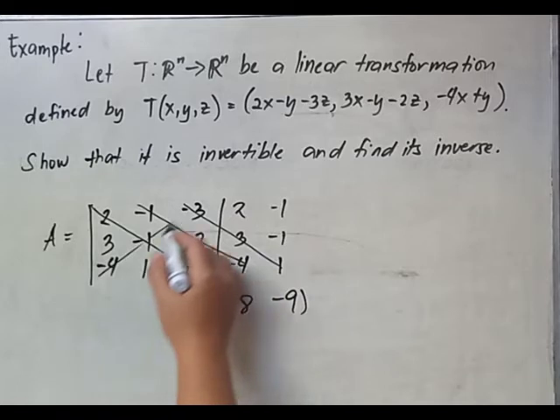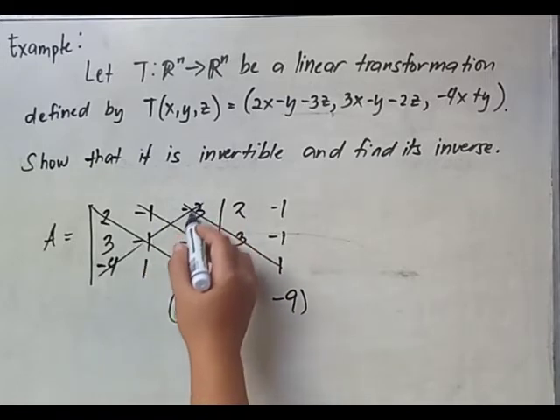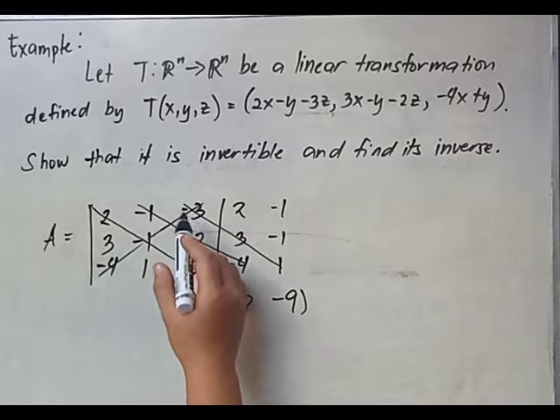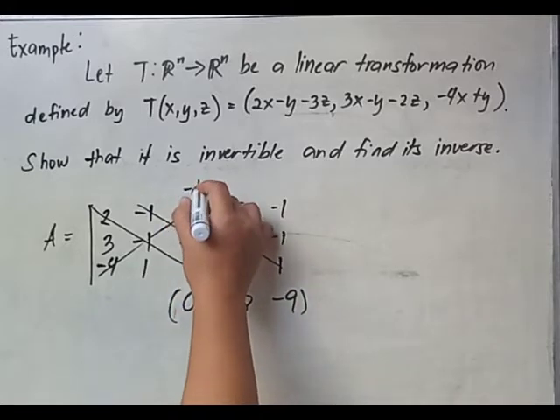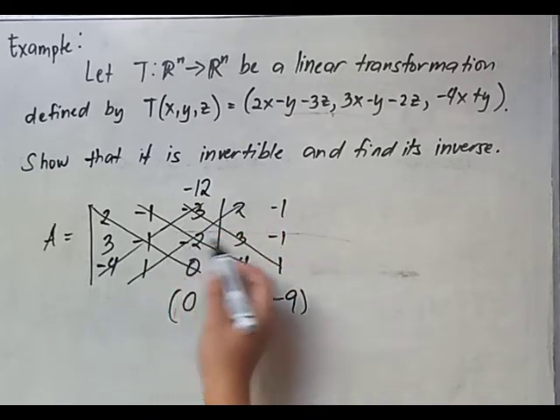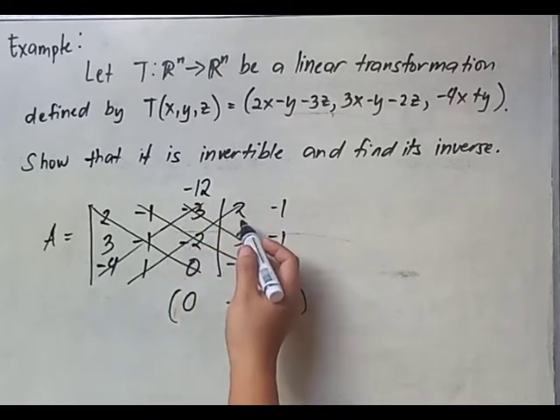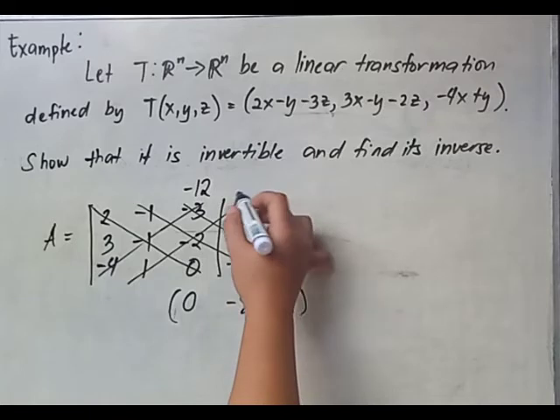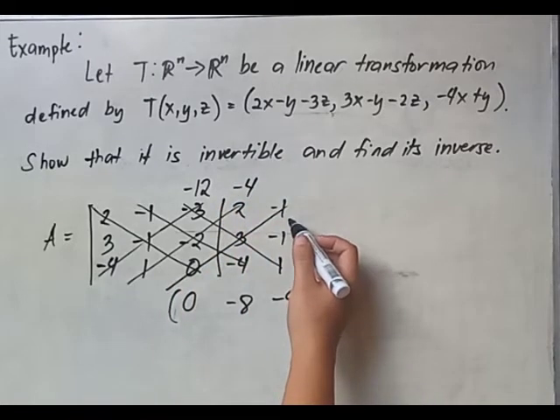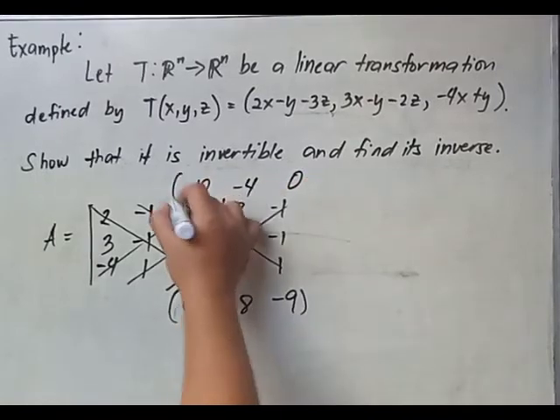We have negative 4 times negative 1 times negative 3, so that is negative 12. Next we have 1 times negative 2 times 2, so that is negative 4. Lastly, we have 0.